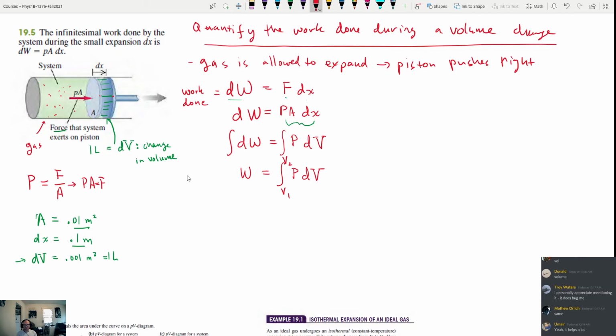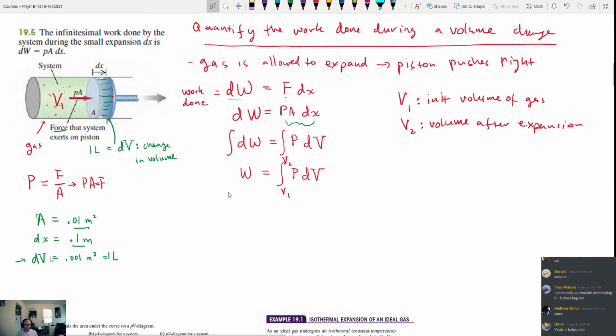What would that be in this case? Well, volume 1 would represent the initial volume of the gas. We could call it V0 if you wanted to. And then volume 2 is the volume after the expansion. That's all that it means.